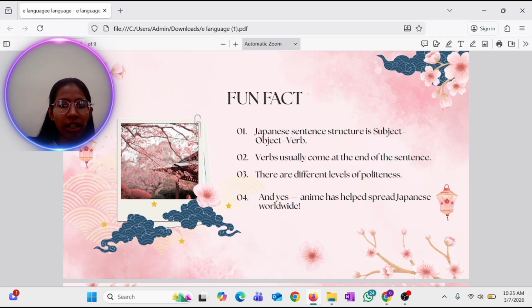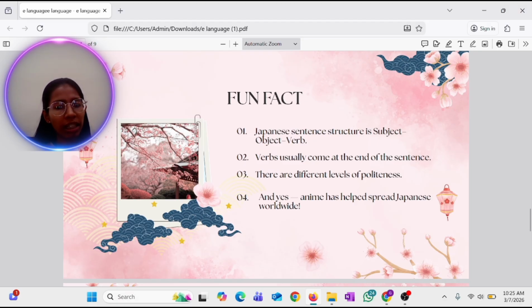But in Japanese, there is subject, object, and verb. If you go for the Hindi language, it is the same: subject, object, and verb. So Hindi and Japanese are somewhat similar in sentence structure. And the verb usually comes at the end of the sentence, as we know.